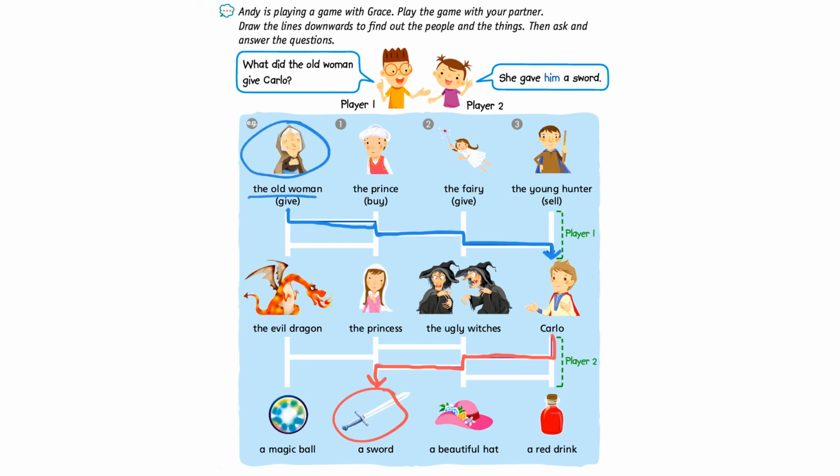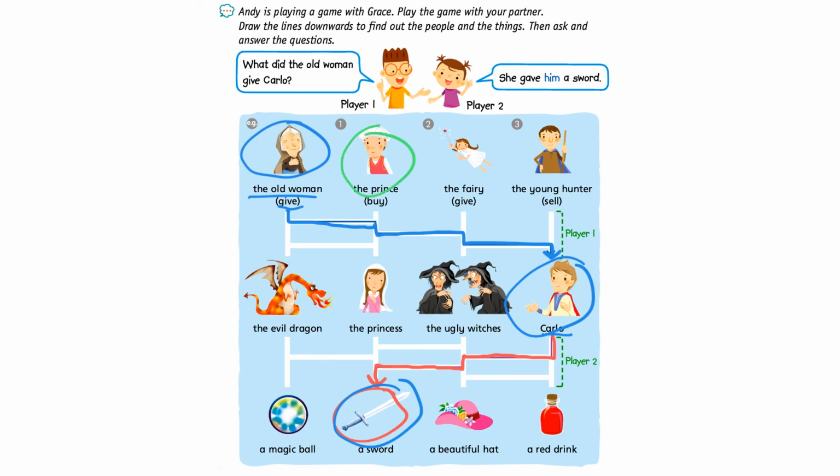What did the old woman give Carlo? She gave him a sword. Remember to ask and answer the questions in the simple past tense and use the correct pronouns. Number 1.